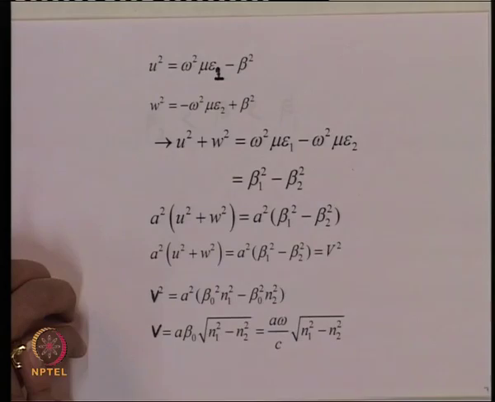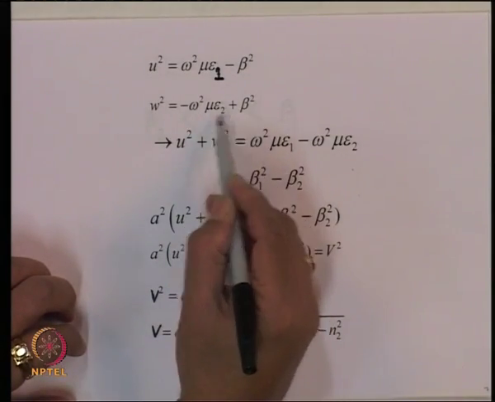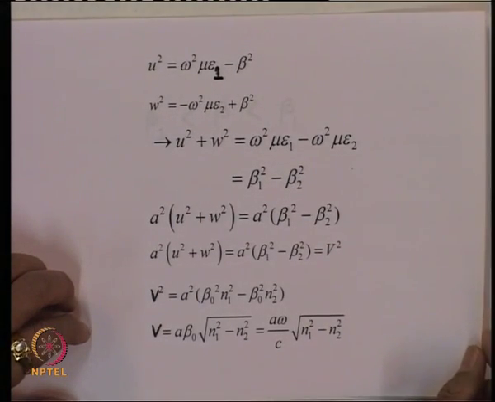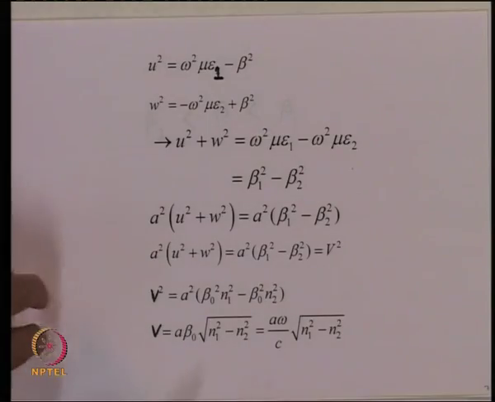Or in other words, as we saw, this quantity beta has to be greater than this quantity. So when beta approaches this quantity, or when beta becomes equal to beta 2, at that time your modified Bessel function gets converted into the normal Bessel function, and then there is no confinement of the energy inside the core, because the field does not die down monotonically in the cladding.